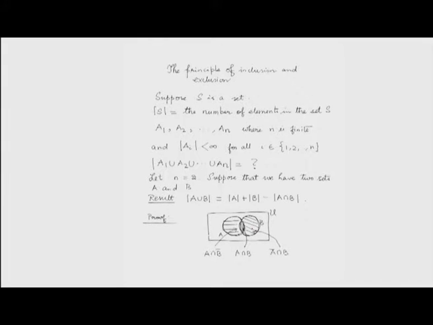Now, it is not difficult to see that these regions are disjoint from each other. So, the number of elements in the region which is the union of these three regions is the sum of the number of elements in each of them. The reason is, as I have already said, that these regions are disjoint.